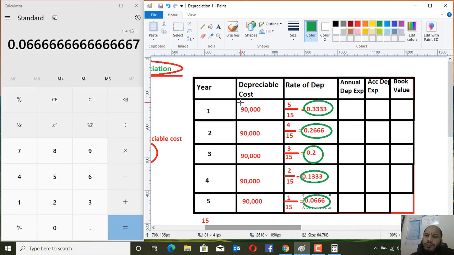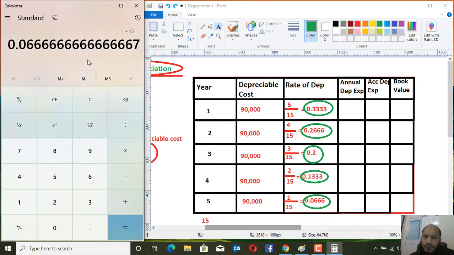What we will do is multiply the cost with the rate in front of it. For example, we will multiply 90,000 with 0.2666. In the same way we will multiply with 0.2, and we do the same for each and every row. This will give us the annual depreciation expenses.